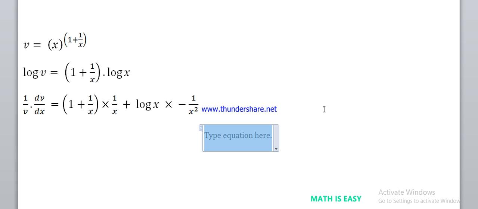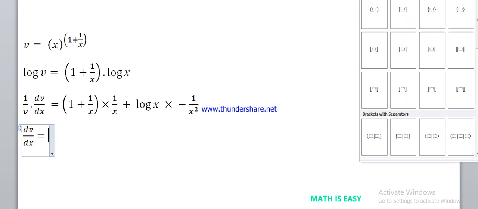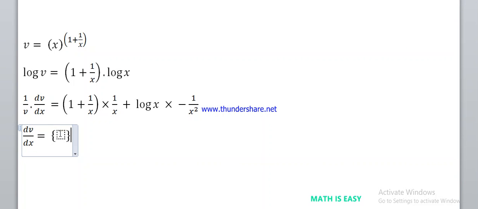So next step is going to be dv by dx. This will remain same. dv upon dx is equals to, curly brackets maybe. So here what you get, if I open up the brackets, 1 into 1 by x is 1 by x, plus 1 by x into 1 by x is going to be 1 by x square.